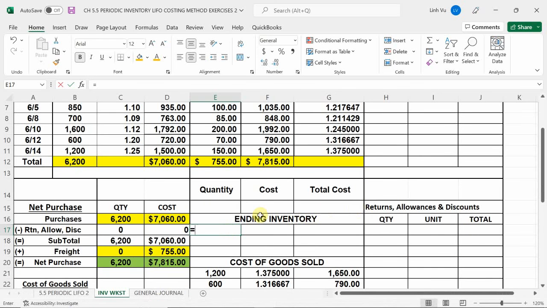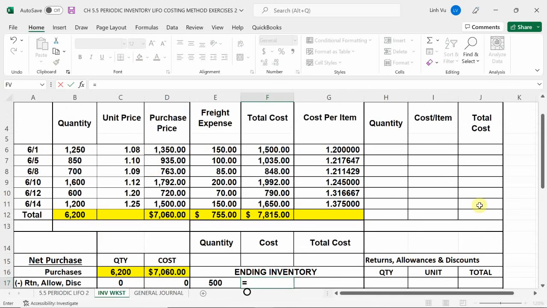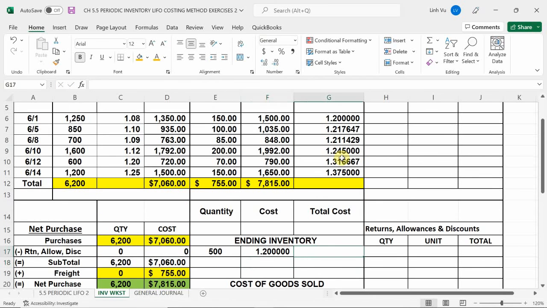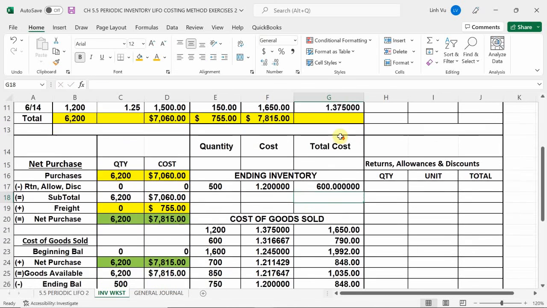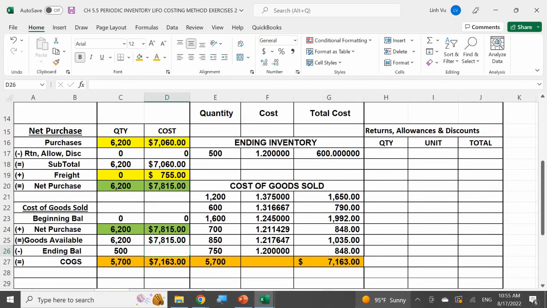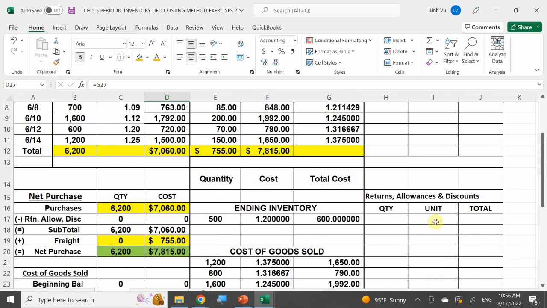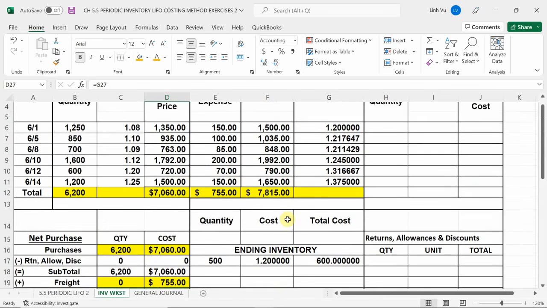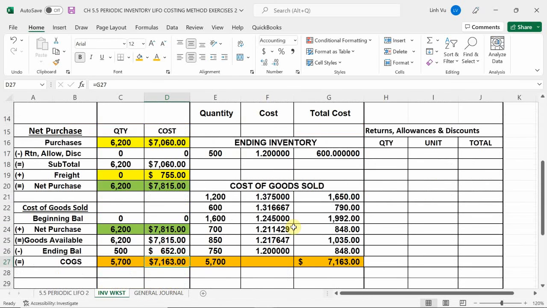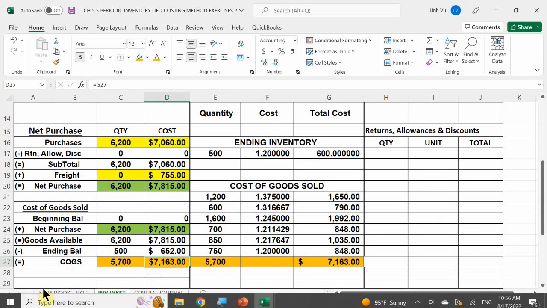So 1250 minus 750 gives you 500 at $1.20, which would have given you a total of $600. Oh, whoa, wait, 652. What? $500.